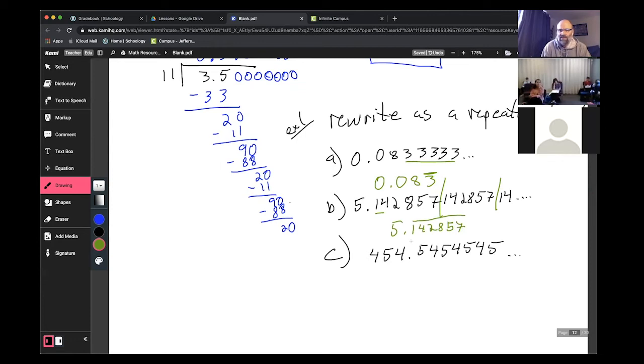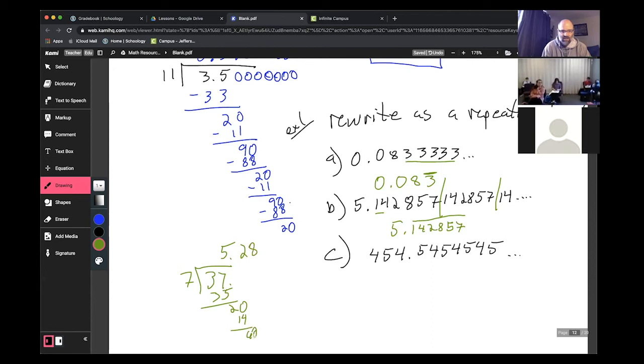Anyone know what fraction that is? 142,857. This is a fun one. Let me see here. Let's try 37 divided by 7. That goes in 5 times. No, it's not that one. But it's close. When you divide by 7, it can be a little tricky. 2, 14, that goes 6.